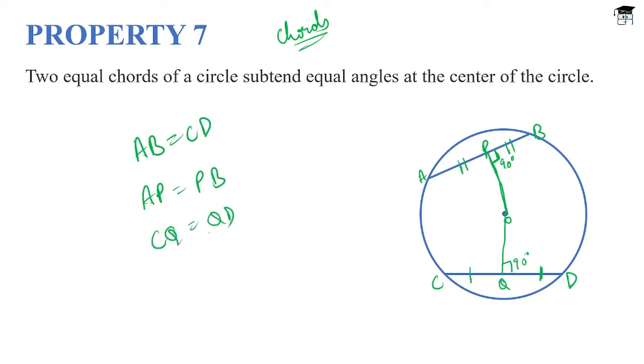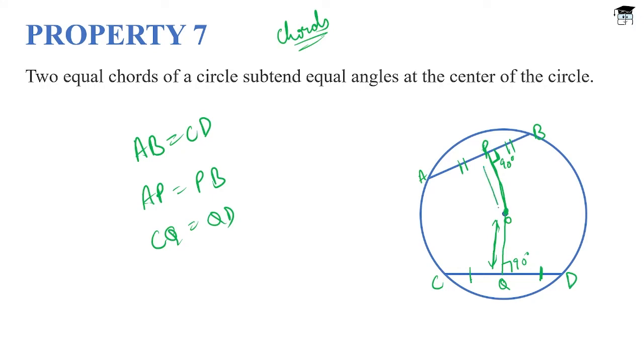If AB is equal to CD, then it means that from the center the lines AB and CD are equidistant. That means this line, that is OQ, is equal to OP.